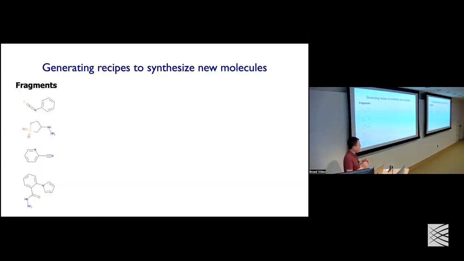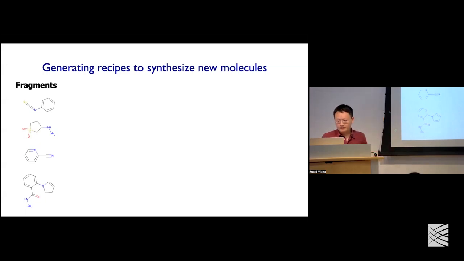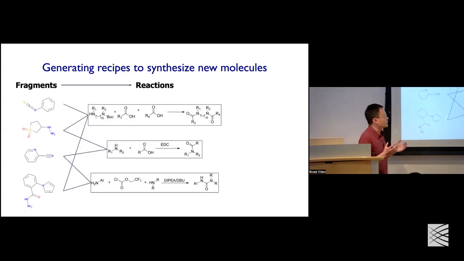Here's an example of what these recipes would look like. Often for drug discovery, we're working with small molecules, and we start with building blocks called molecular fragments. Each of these building blocks is easily available, and there are over 100,000 of these fragments. Then we have known chemical reactions.